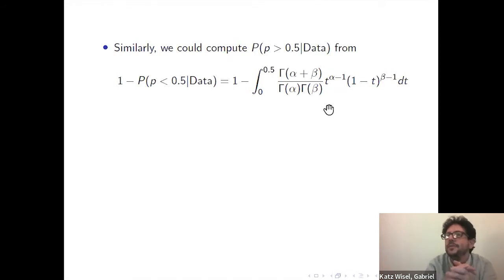This is very nice. Now, in most interesting social science problems, we will either not be able to solve these integrals, or not be able to summarize the posterior distribution using standard closed form known formulas. And here's where modern Bayesian computation methods come in handy.